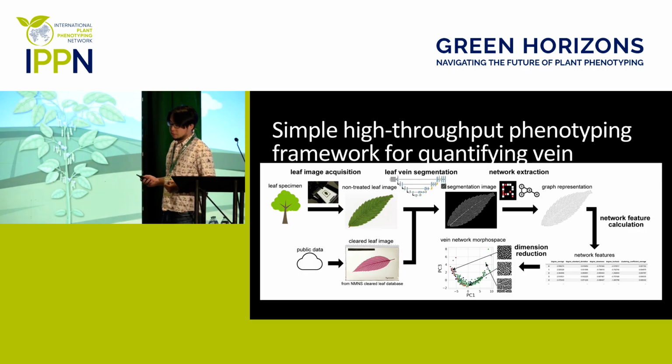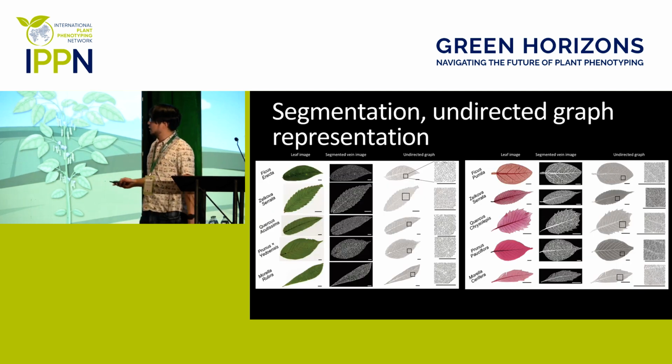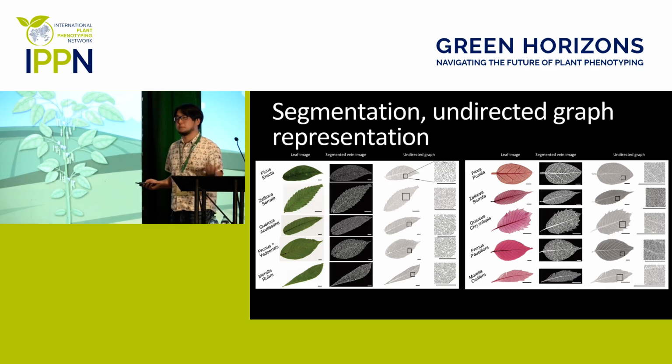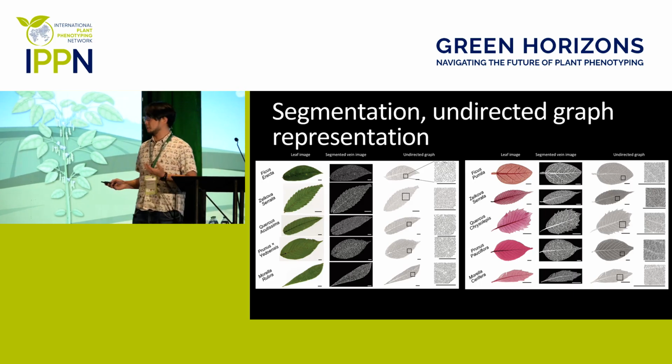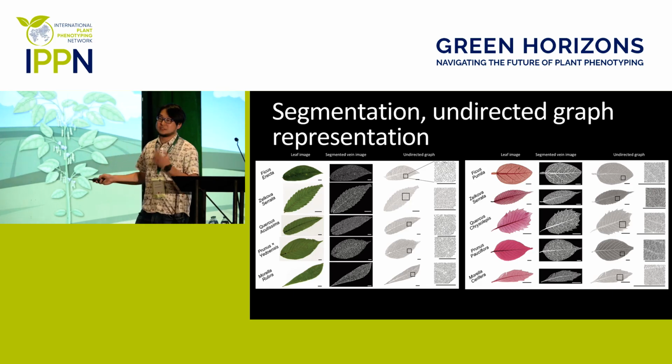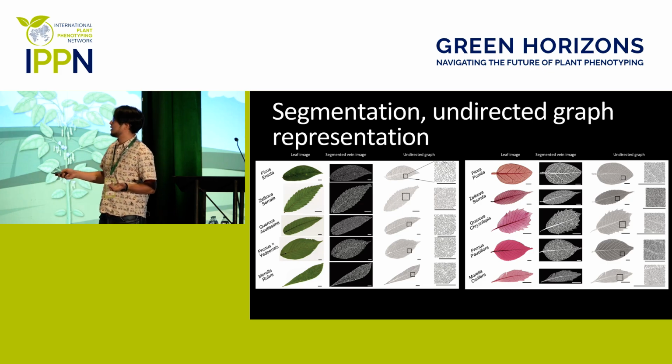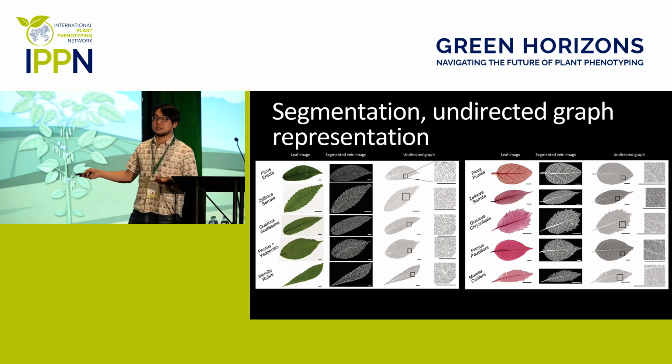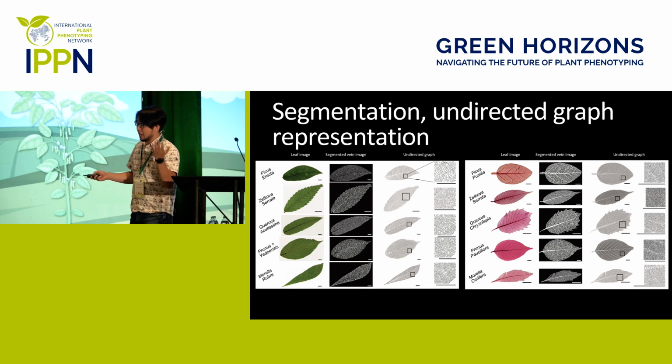Let me show you several examples of each process. Firstly, these are examples of the segmentation and the undirected graph representation. As you see, the resolution is limited, but we successfully extract the leaf vein region from the original images, on both the untreated and the cleared leaf image data.